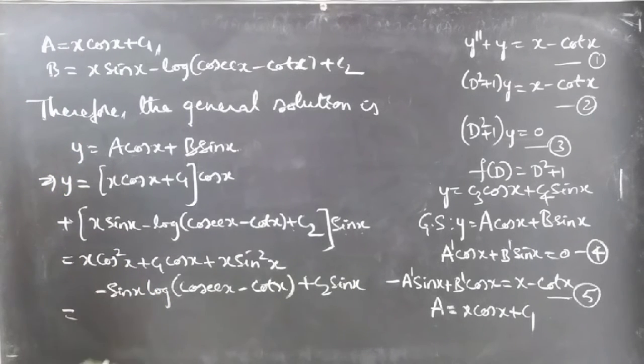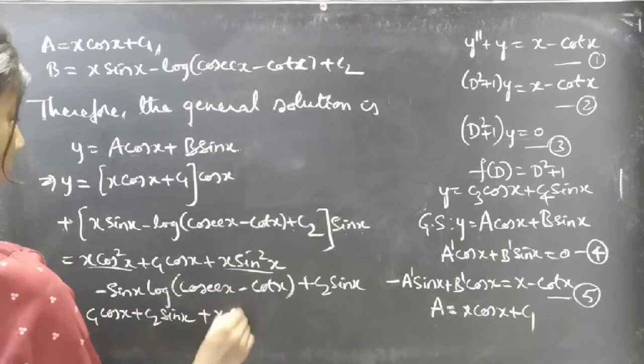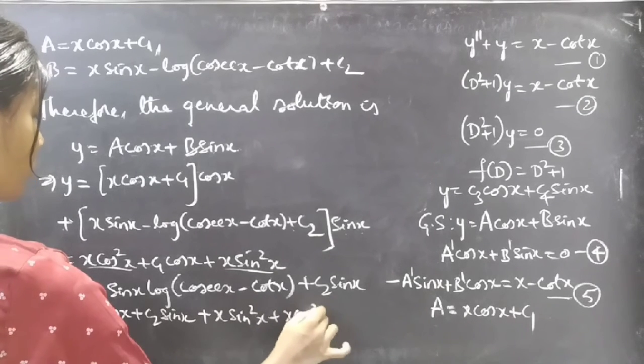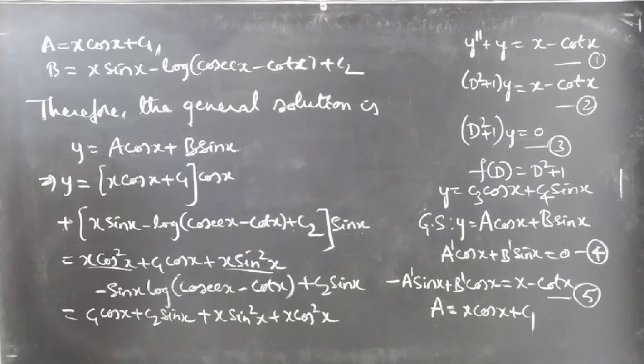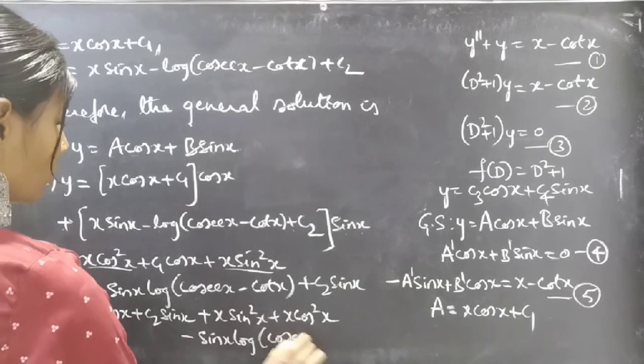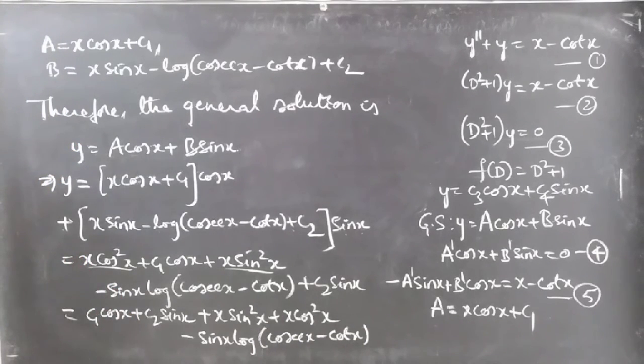This gives us, now write the terms involving c1 and c2. Firstly, we'll have c1 cos x plus c2 sin x. Now write the terms involving sin square x and cos square x. We'll get plus x sin square x plus x cos square x, and the remaining term minus sin x log of cosecant x minus cot x.